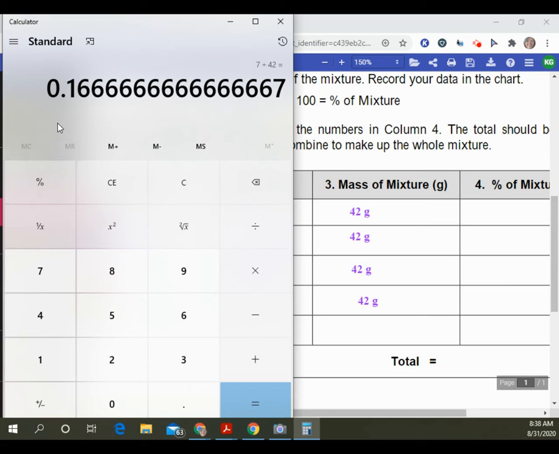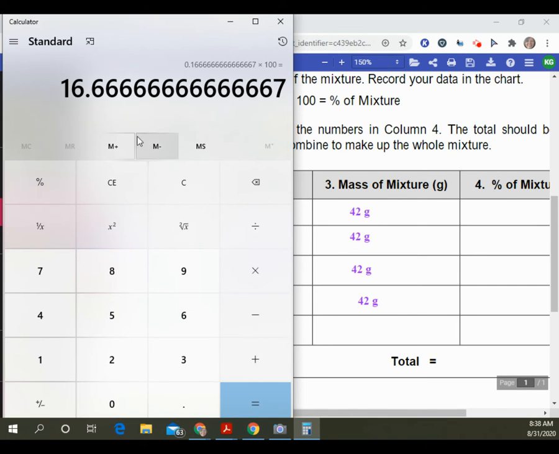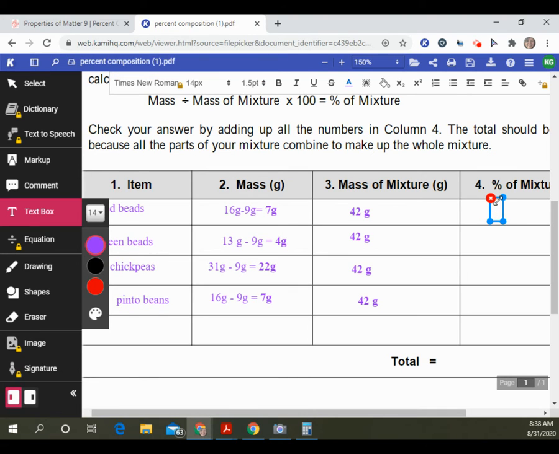That gives us 0.16. If you don't remember to do the times 100, you're going to get a decimal. When you do times 100, that gives you a percentage. So we're going to round that off to a whole number because all of our other numbers are whole numbers. So what would that round off to? 17. Okay.